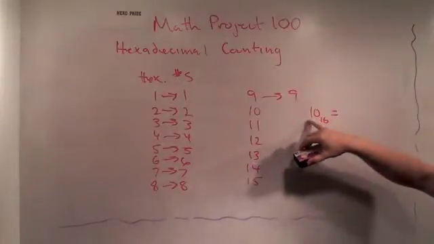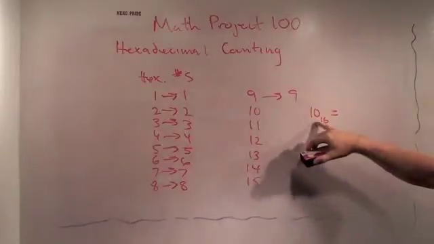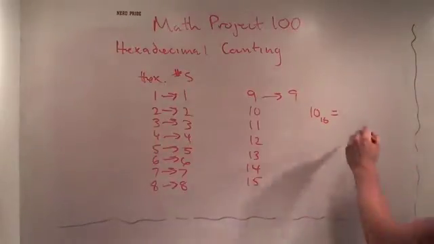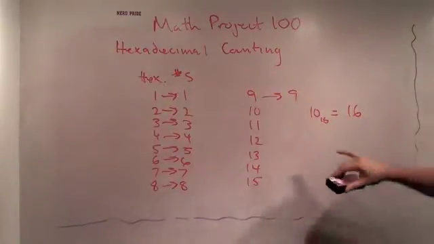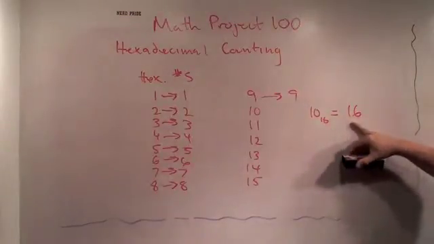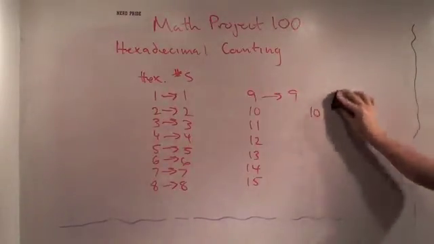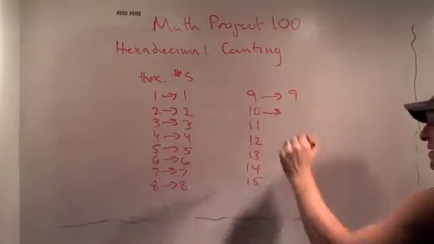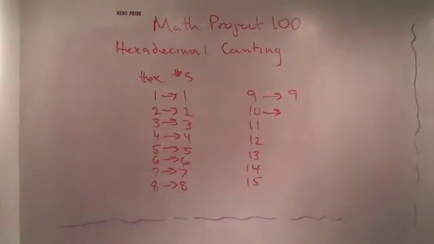In base 2, it means 2 plus 0. So in base 16, it means 16 plus 0. So if we write the number 1, 0 in base 16, that actually means 16. So we can't write 1, 0, but we don't have any other digits, right? We're out of digits. So we need to do something else.